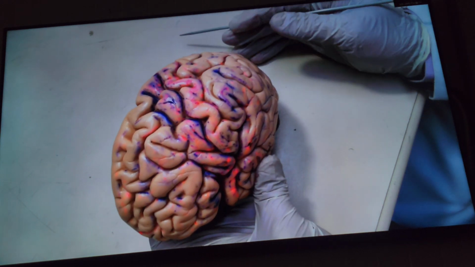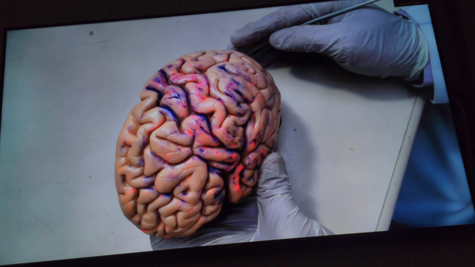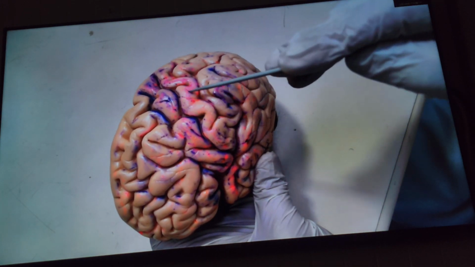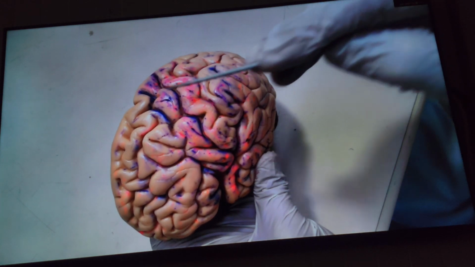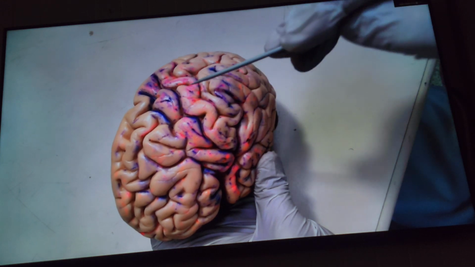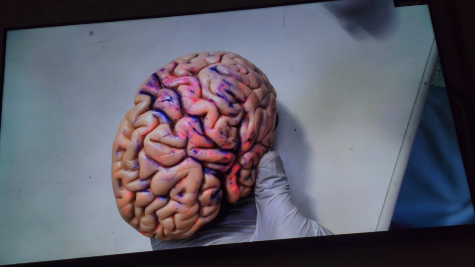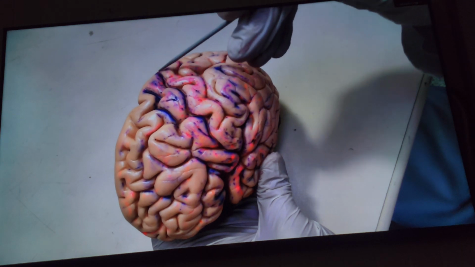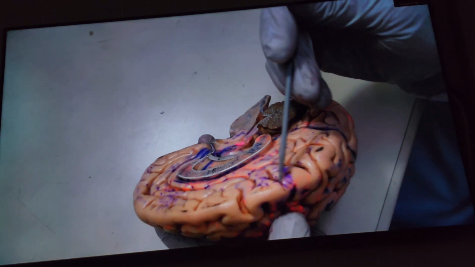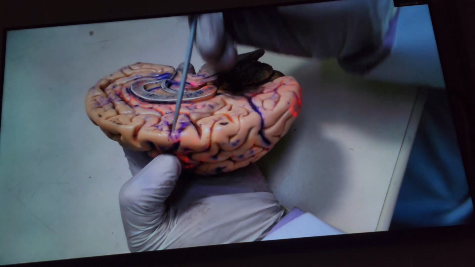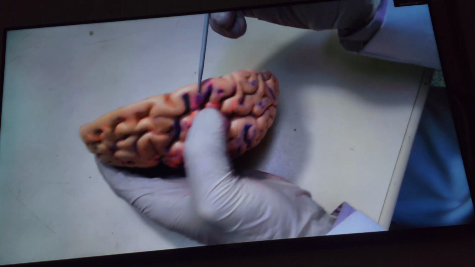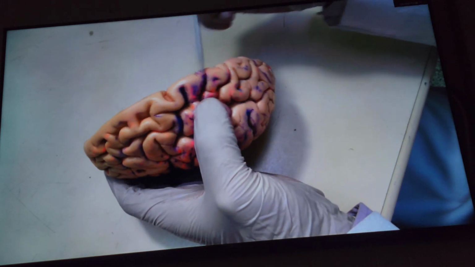How can we identify the central sulcus? First of all, the central sulcus is located between two gyri, the primary motor and primary sensory areas. Another point, the central sulcus indents the medial surface of the cerebral hemisphere at the superior border of the cerebral hemisphere.